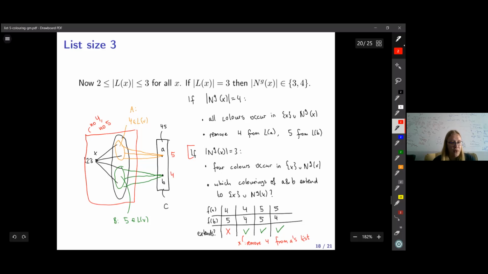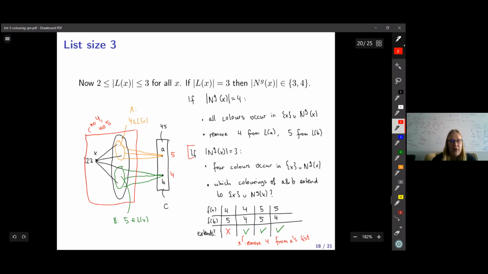So if 5, 4 does not extend to the left, then the red box is not colorable. If I make the choices over here that don't reduce the lists in the red box and still the red box is not colorable, then it also wasn't colorable before because I didn't affect its list at all.